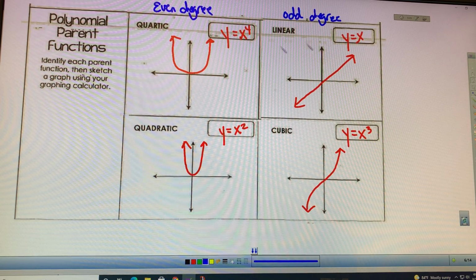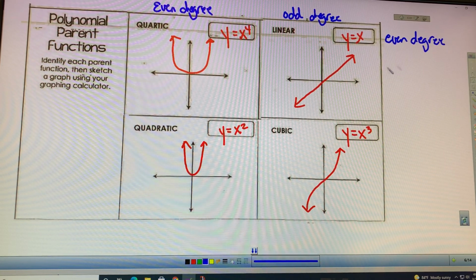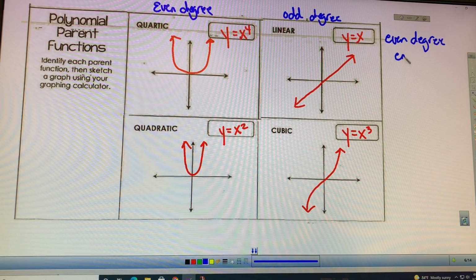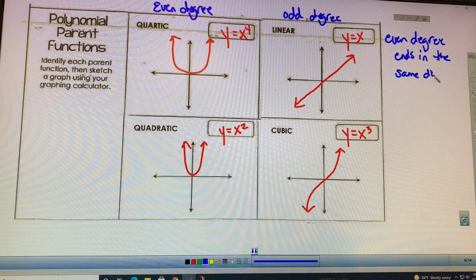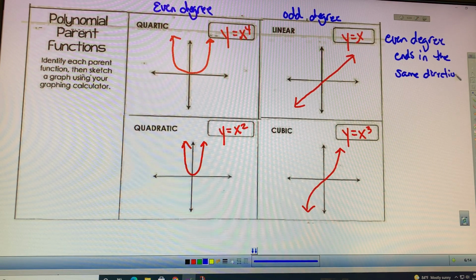And what I want you to see is this. Look at their end behavior. When you have an even degree function, it ends in the same direction. Always.